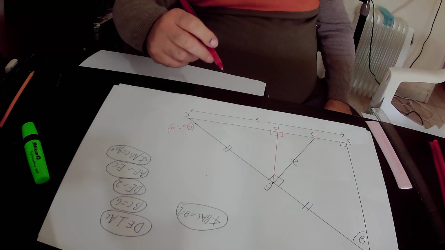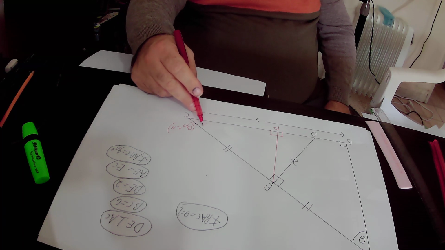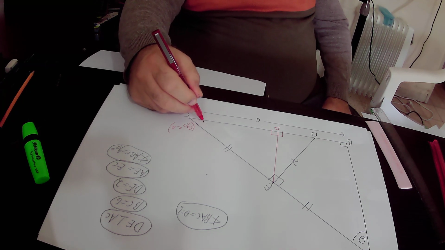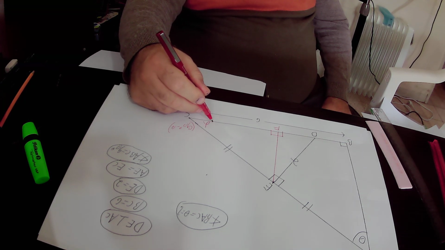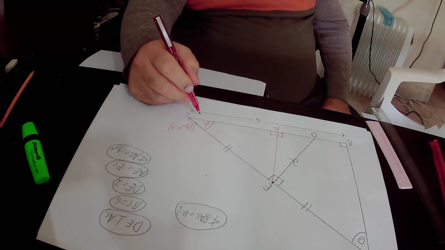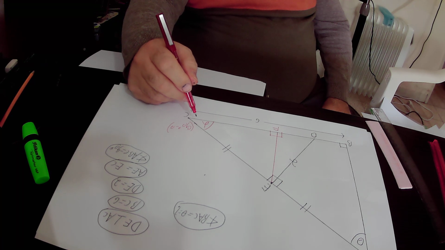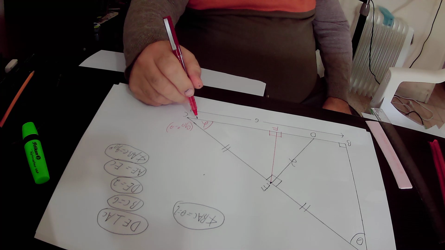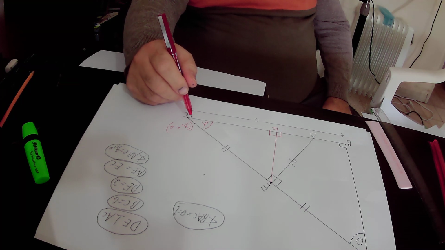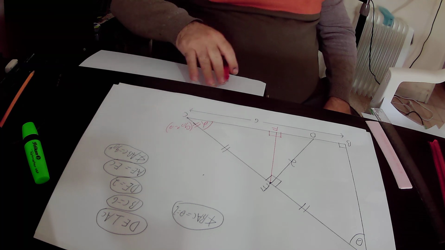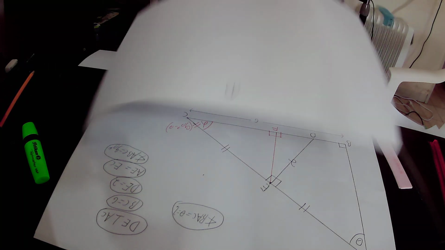So, from one side we know that this angle equals 90 degrees minus theta. But from the other side, we define this angle as angle alpha. Therefore, we can conclude that alpha equals 90 degrees minus theta. Okay?